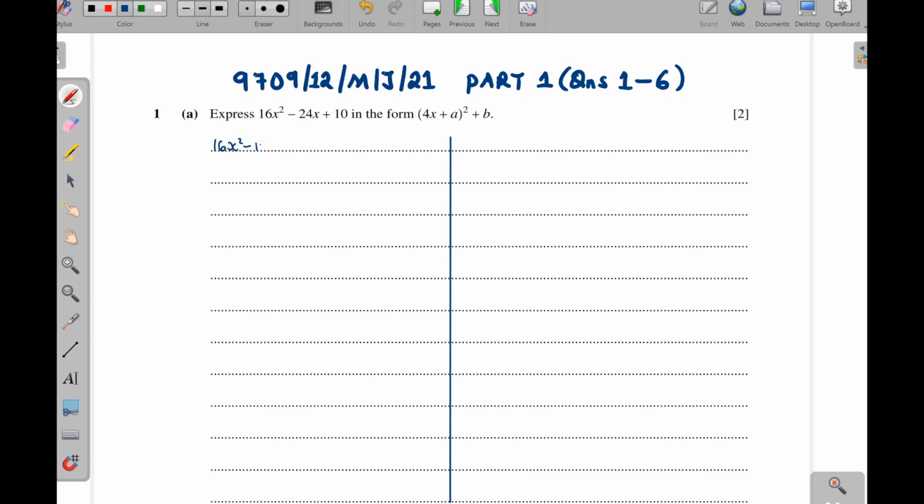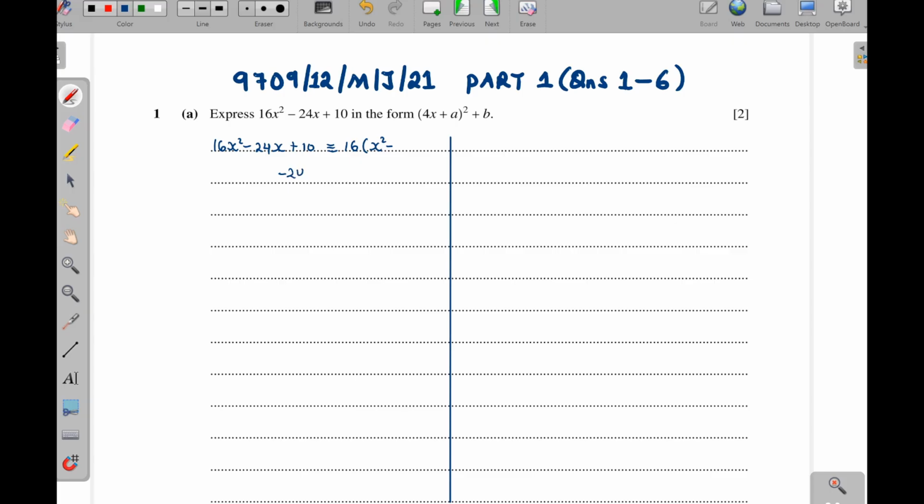So minus 24 of x, then plus 10. Now here the coefficient of x squared is 16. It's not a 1, so we first factorize it. I'll put it outside, then I have x squared, then minus 20. Now when I put 16 outside, that means here I will divide it.